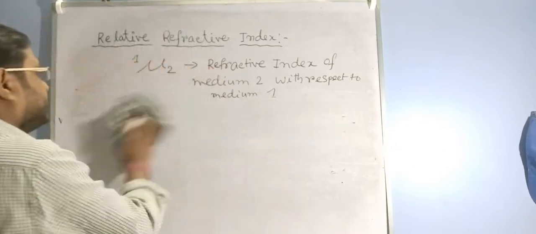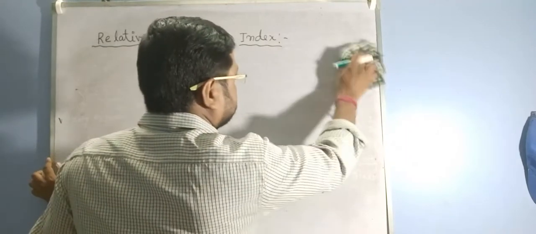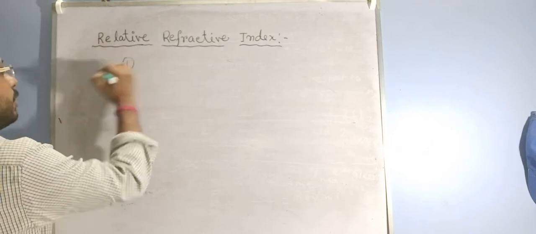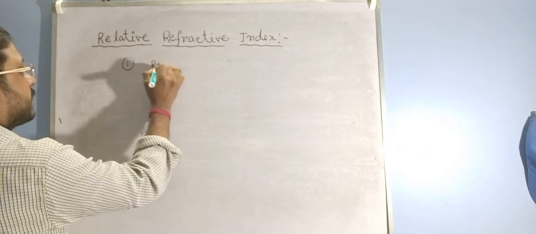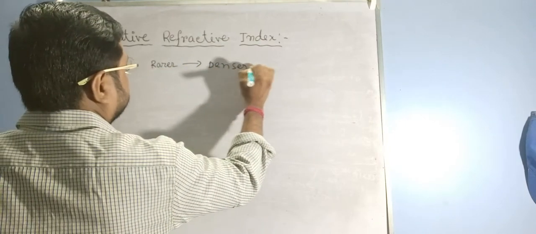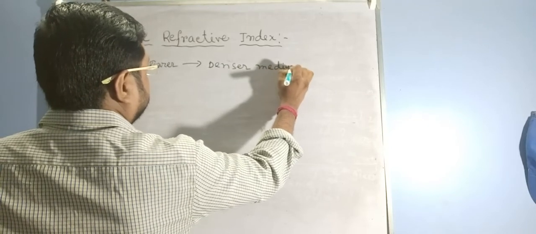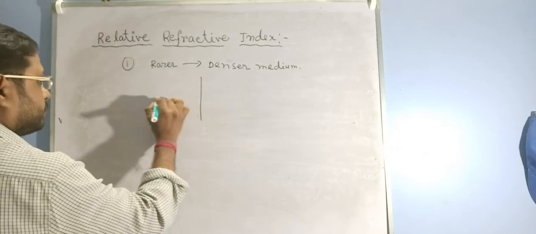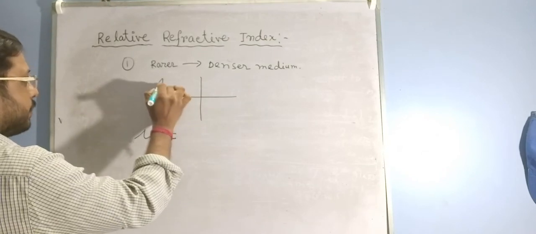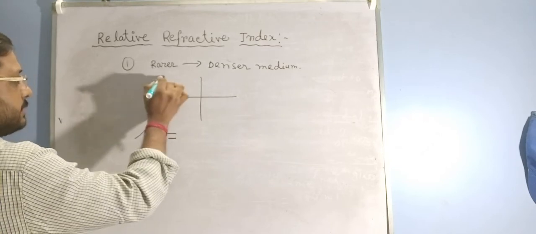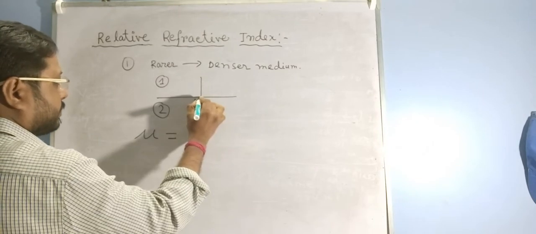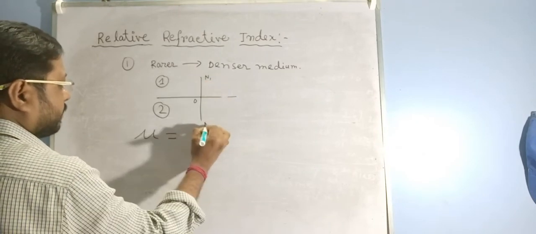So, now we can write why light rays changes its path. When light goes from rarer to denser medium, now if light comes from medium 1 to 2, this is medium 1 and this is medium 2, this is angle of incidence and this is a normal.